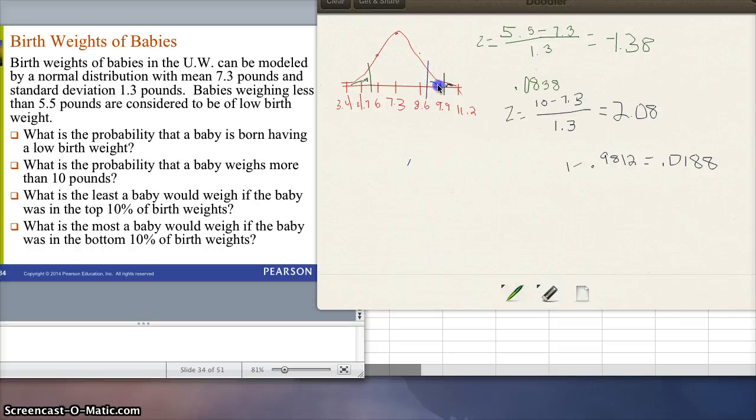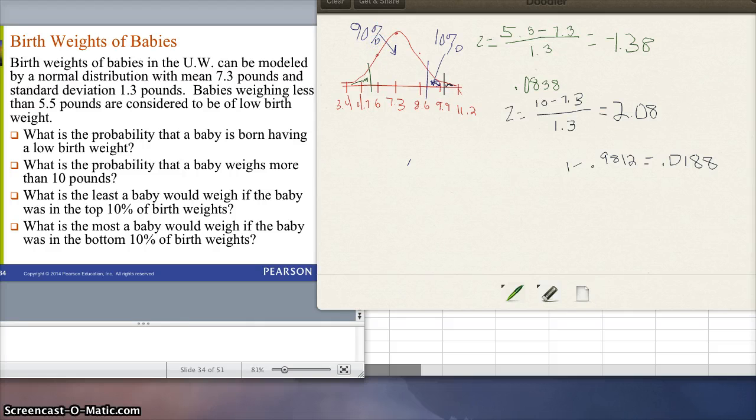Okay, so we're looking for all that part and down. Again, it's the top 10%, so this time we're labeling this part 10%. But remember what the table tells you: the table always tells you the part to the left. We have the part to the right, so how much is to the left? Well, that's 100% minus the 10%, which gives me 90% over here.